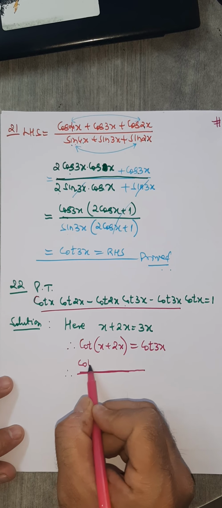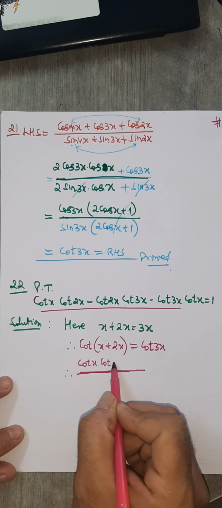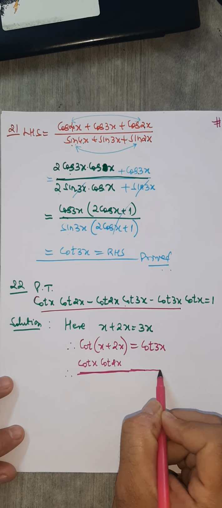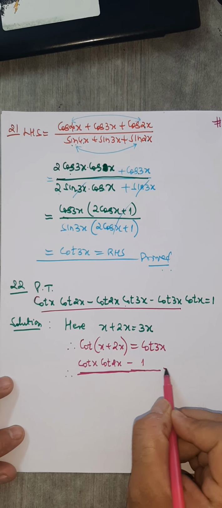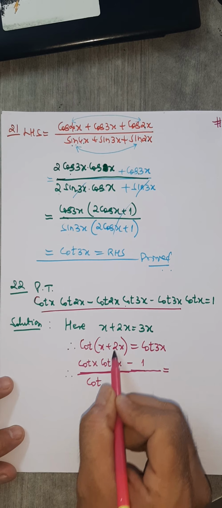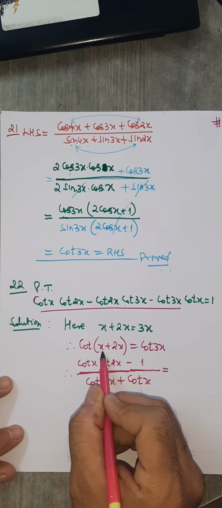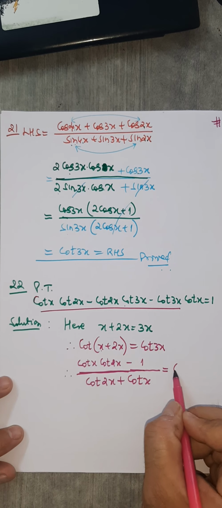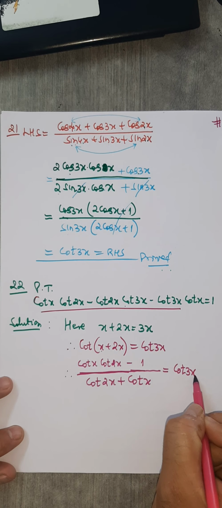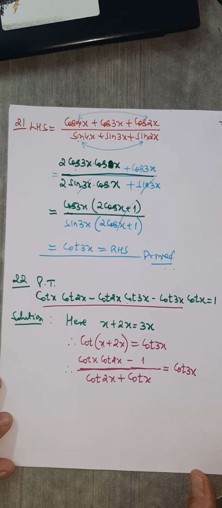It is cot x into cot y, here opposite sign, minus 1 upon cot y plus cot x. Formula of cot x plus y. Right hand side cot 3x as it is. So you are almost through now.